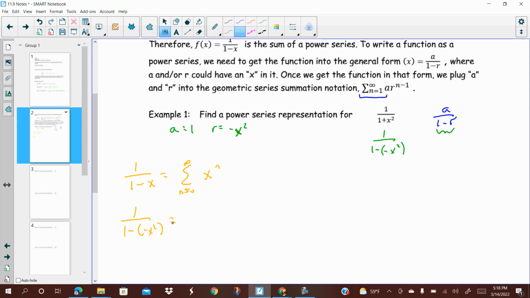So to write this as a power series, in the series itself, we are literally going to substitute negative x squared in for x. So I hope you can see that the negative x squared took the place of the x. Okay, and technically that is the power series for 1 over 1 plus x squared.